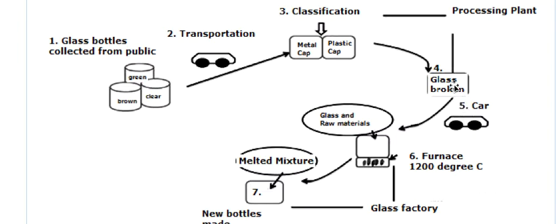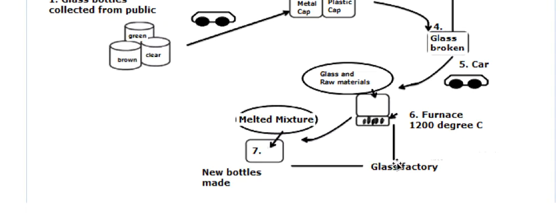Then this broken glass is carried by a car to the furnace. This is the furnace where the glass and the other raw materials are heated at 1200 degrees centigrade. And this happens in the glass factory.